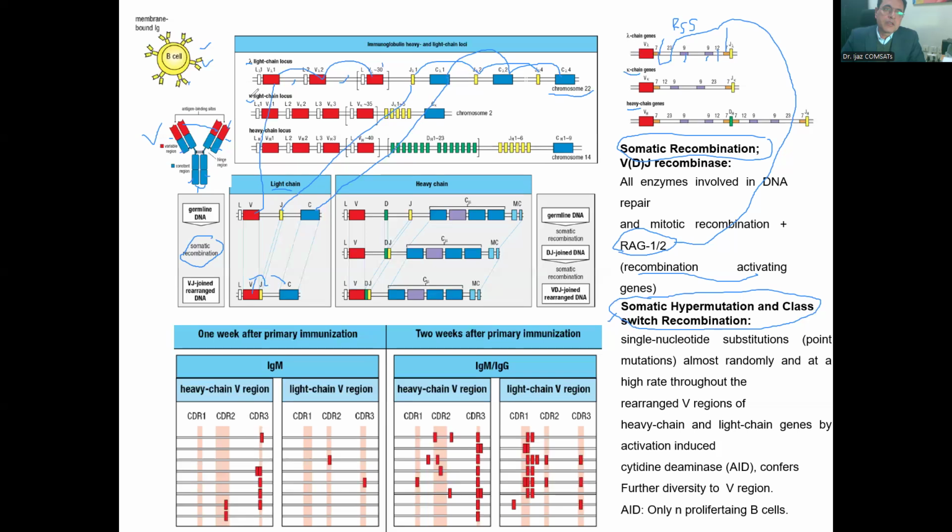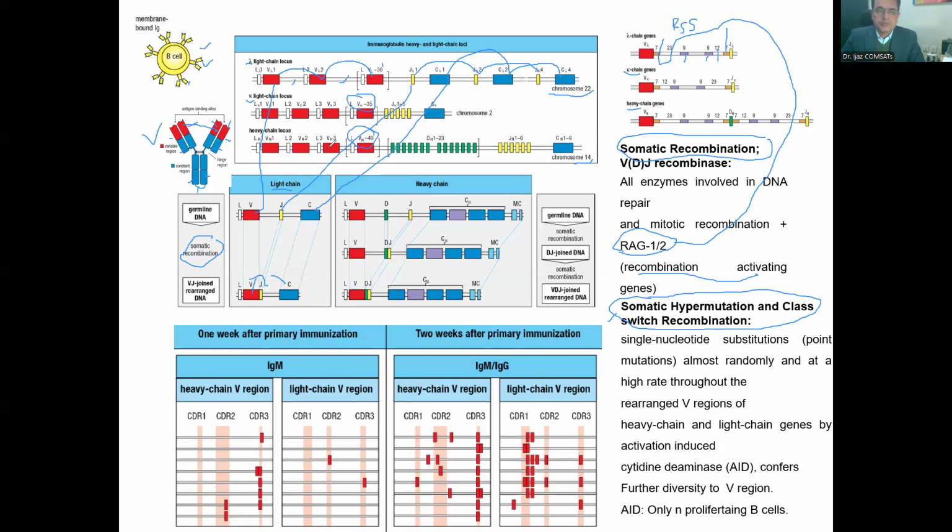Here you can see that if it is a kappa light chain, again, you can find that 35 different variable segments have to be combined to make one variable region of the kappa light chain. Similarly, for the heavy chain locus, you would have to recombine about 40 different variable segments found on chromosome number 14. They should be brought together to make this region, this one and this one, which are the heavy chain variable regions.